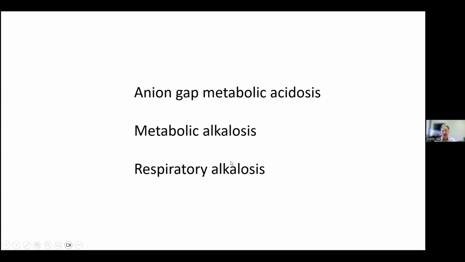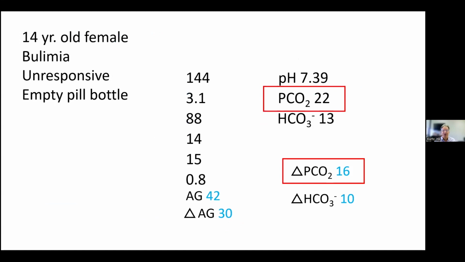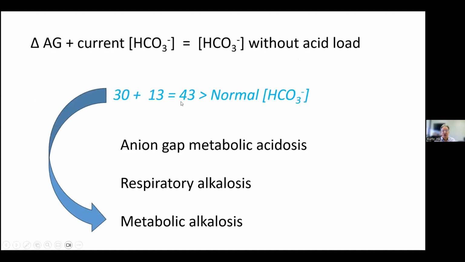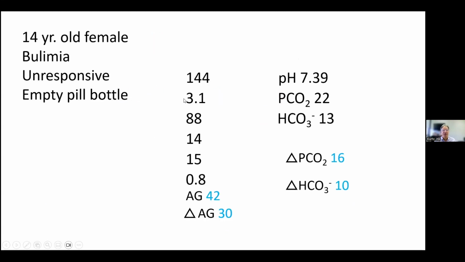So this patient has three acid-base disorders: an anion gap metabolic acidosis, which we know from the elevated anion gap, a metabolic alkalosis, which we know because when we added the delta gap to the current bicarbonate, we got a very high number of 43, and that's compatible with the patient with bulimia.